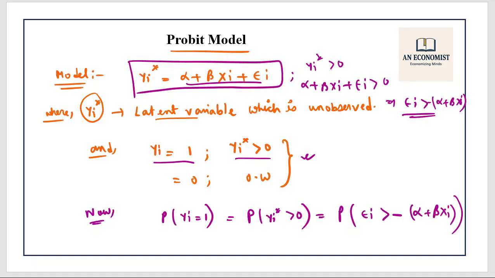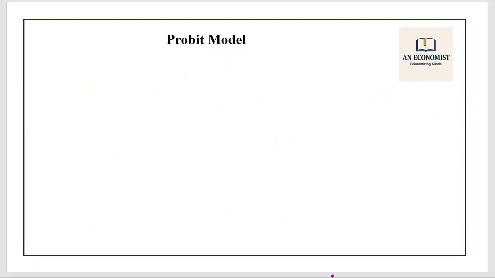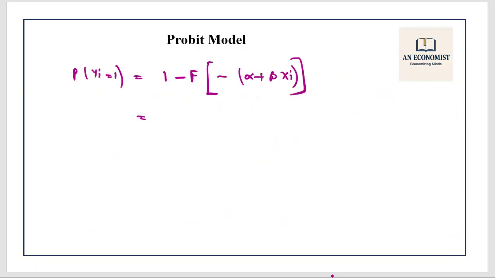So you'll get this. Now, can you identify what you can write? This expression can be written as this. The probability that yi equals 1 will be simply 1 minus the CDF, the cumulative distribution function, of minus alpha plus beta xi, and it can in turn be written as the CDF of alpha plus beta xi, right?